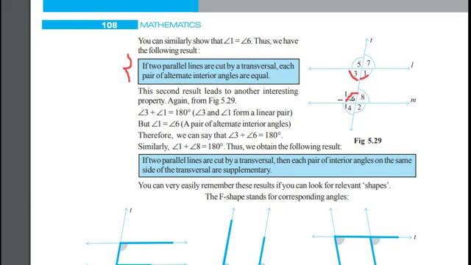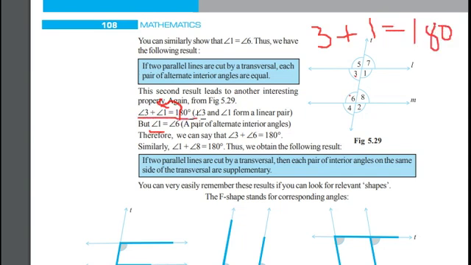This angle must be equal to this angle. Therefore, we can say that measure of angle 3 plus measure of angle 6 must be equal to 180 degrees. So what we are doing is we are replacing measure of angle 1 with measure of angle 6 because both are equal. So measure of angle 3 plus measure of angle 1 should be equal to 180 degrees.